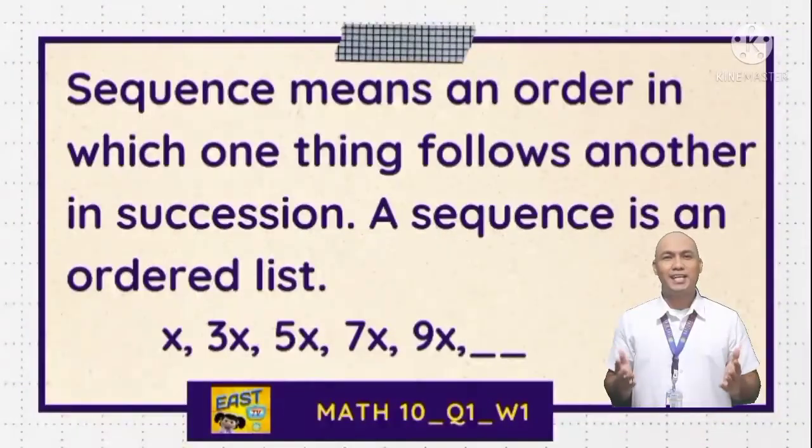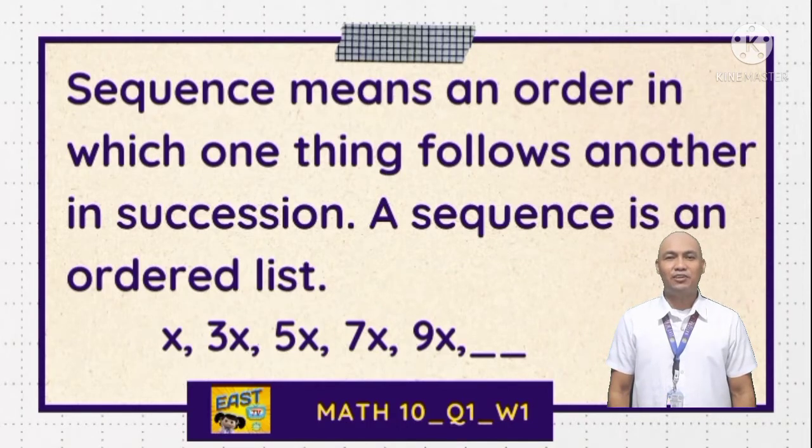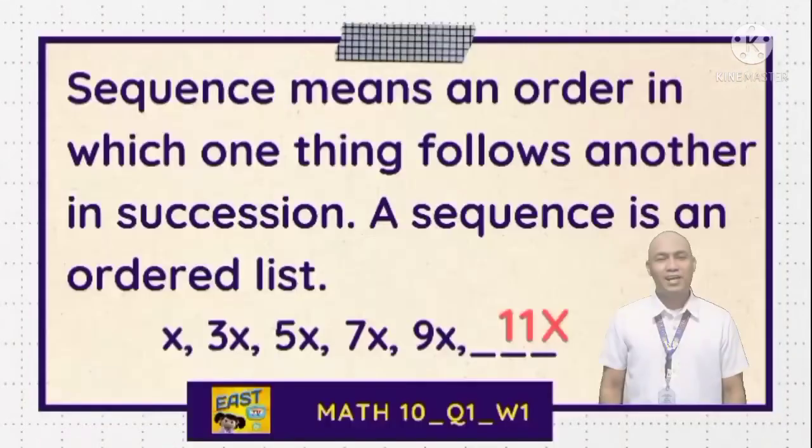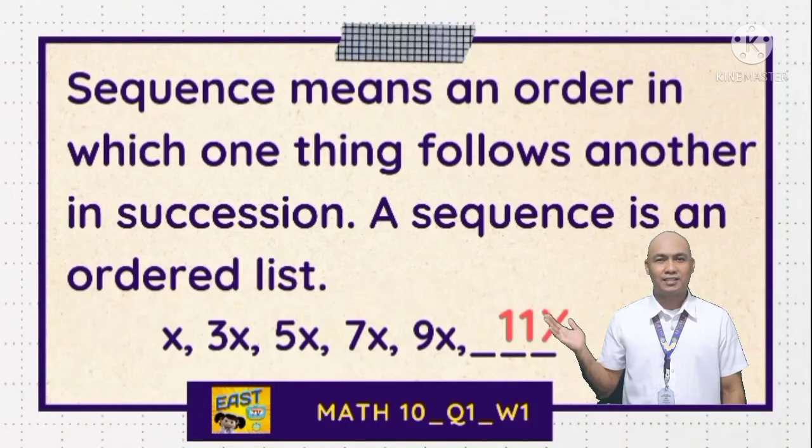The word sequence means an order in which one thing follows another in succession. A sequence is an ordered list. For example, if we write x, 3x, 5x, 7x, 9x, and blank, what would the next term in the sequence be? The correct answer is 11x.